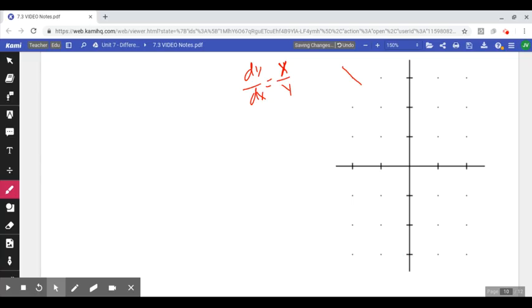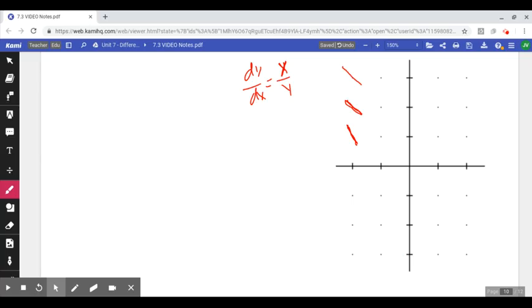At (-2, 2), I could take -2 divided by 2, and I would get a slope of -1. At (-2, 1), -2 divided by 1 is -2. So my slope would look just like this. If I keep going below the x-axis, I have (-2, -1).